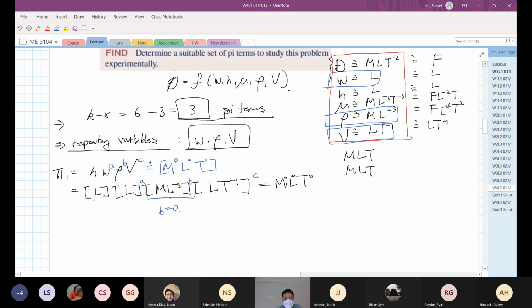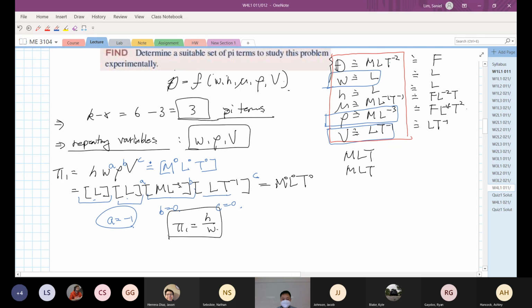We have L, no M, there's a T. So only T, which is time, is in the unit of V. Then if we have any number in C there, there's no way we can balance it to 0. So C should be 0 too. All right, what else do we have? We have one dependent variable, H, and one repeating variable, L. So A should be -1. Okay, that says pi 1 is simply H over W.